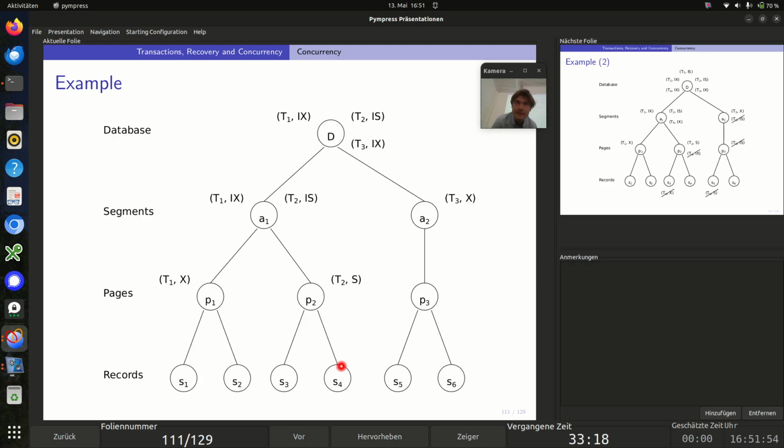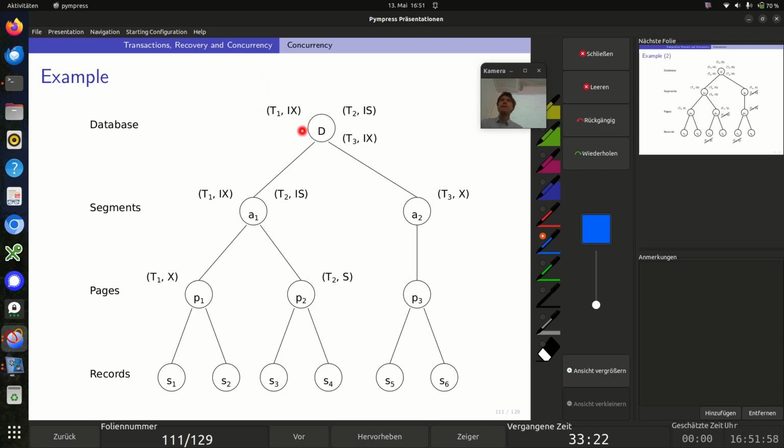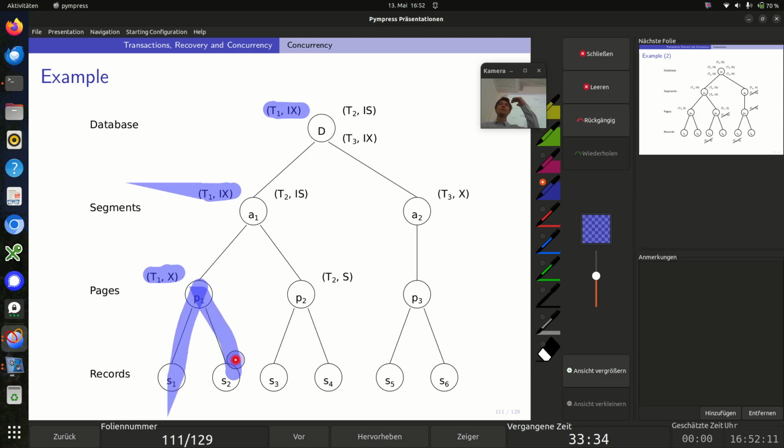And here's another example. We have transaction 1 having intentionally exclusive, as it writes the whole page. So this whole page belongs exclusively to T1.